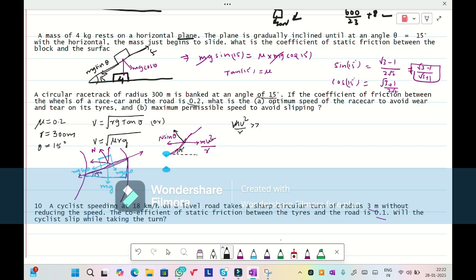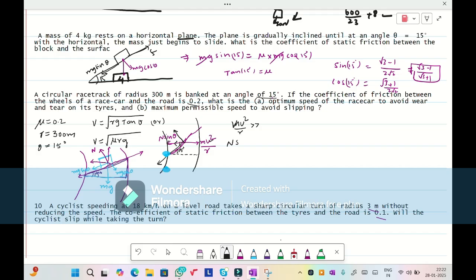So in that case, to take a sharp turn with more speed, there is a friction component that should come into the circle. Inside the circle there should be a friction component acting. That means here it is theta, and here also theta will come. The friction always acts in this direction. So in that direction, f cos theta.